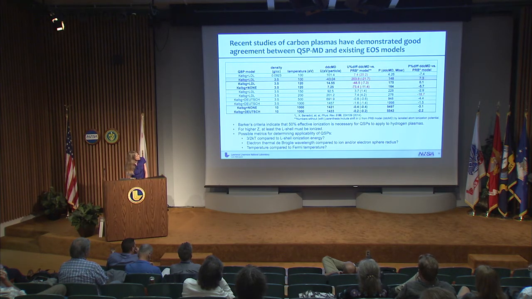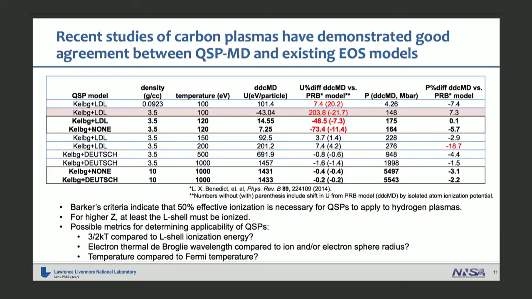One of the things that I've done recently is to dig out some of this QSP work due to some renewed interest in whether we could use this as a faster method to calculate equations of state for hot plasmas than path integral Monte Carlo, which is becoming more and more of a workhorse method, but which is limited to only a couple of groups in the world that are doing it.